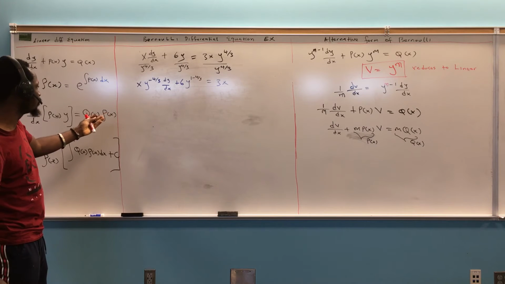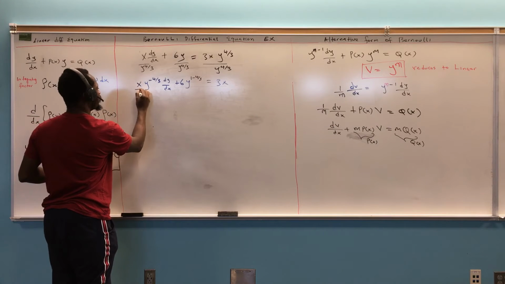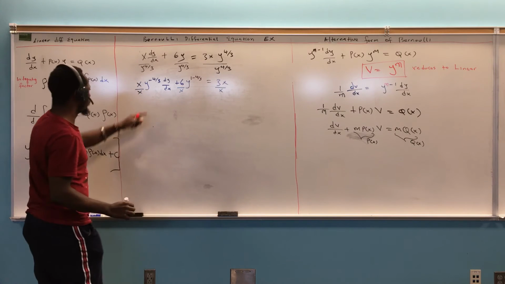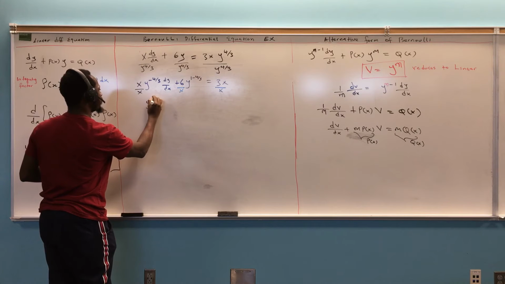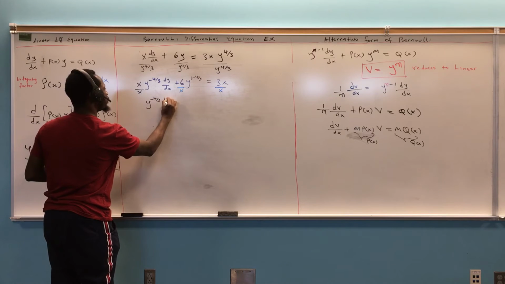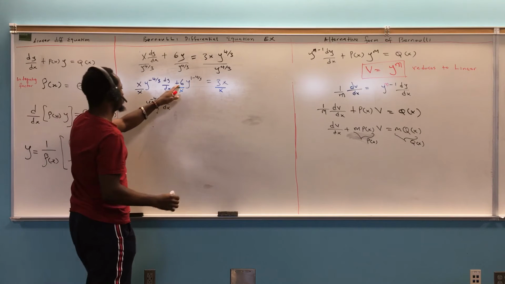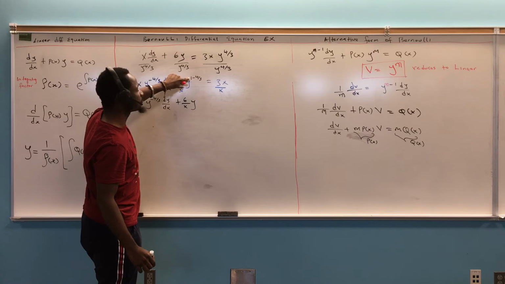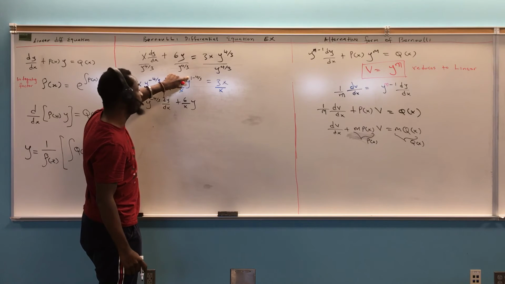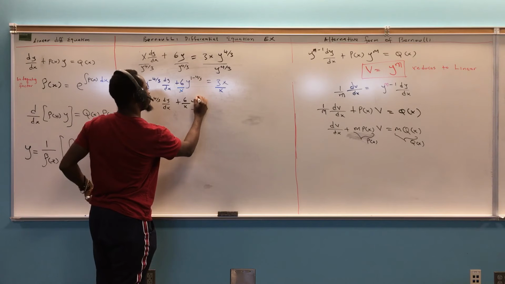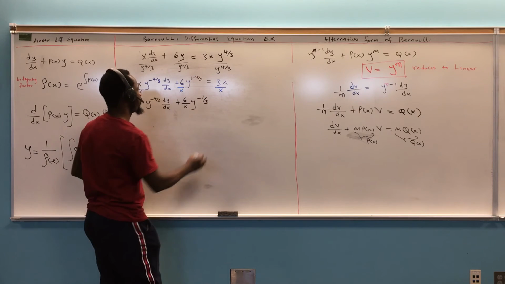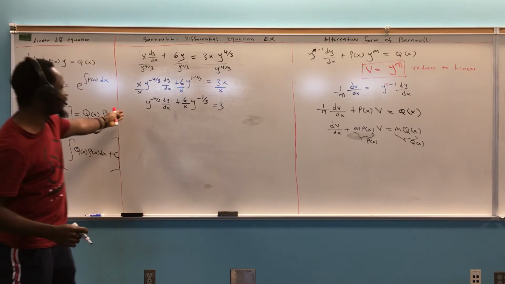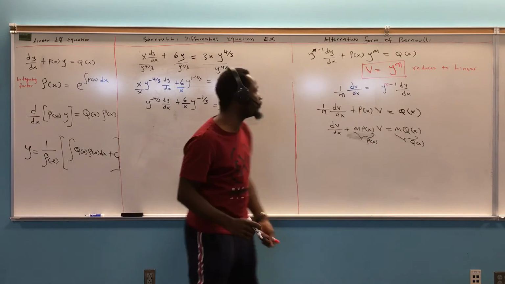One other thing you can do is divide all through by x. This becomes y^(-4/3) dy/dx plus 6 over x y^(-1/3), since 3 over 3 minus 4 over 3 gives minus 1 over 3, and then equal to 3. So I have successfully written it in this form.